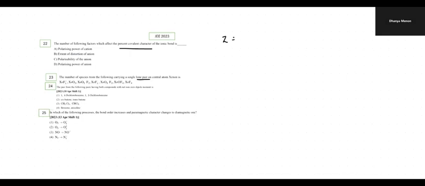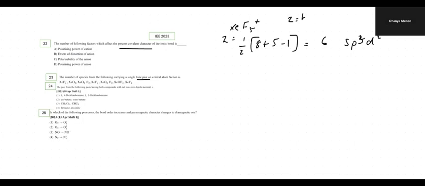For XeF5+, I have half of 8, plus number of monovalent, minus 1 because there's a positive charge. So 8, 13, minus 1 is 12, that is 6. That is sp3d2. We don't need the hybridization, we need the lone pair. So the lone pair: Z is equal to bond pair plus lone pair. So here 6 is equal to 5 bond pairs plus lone pair.